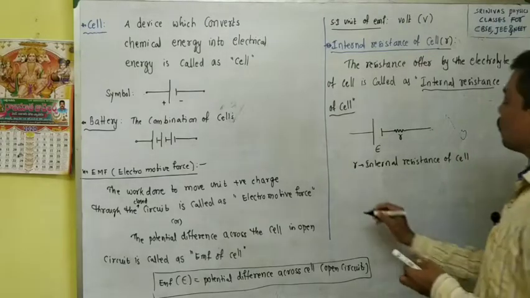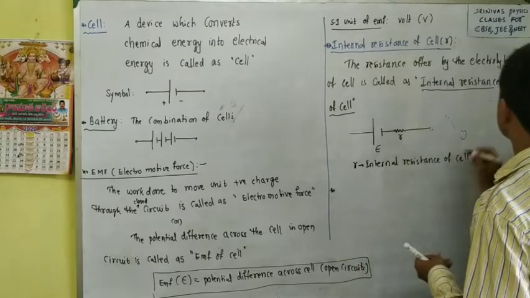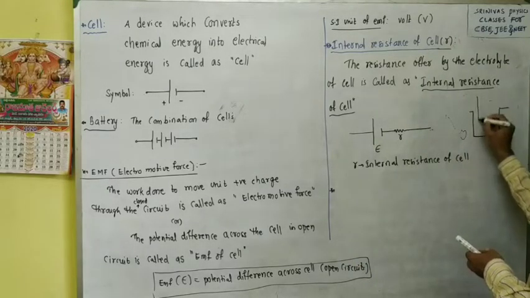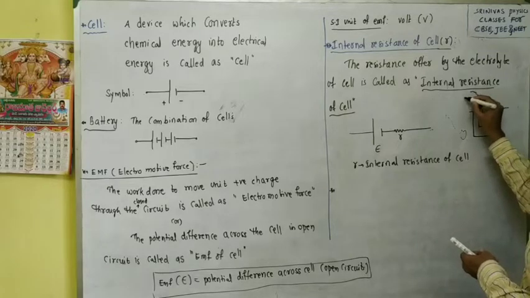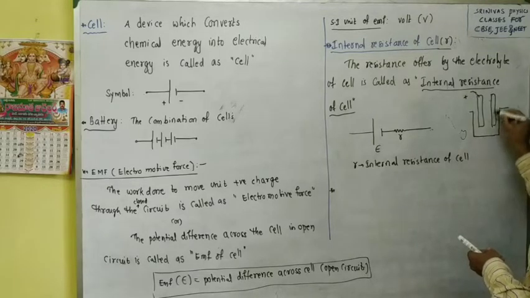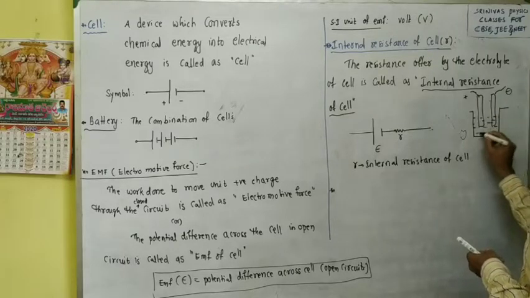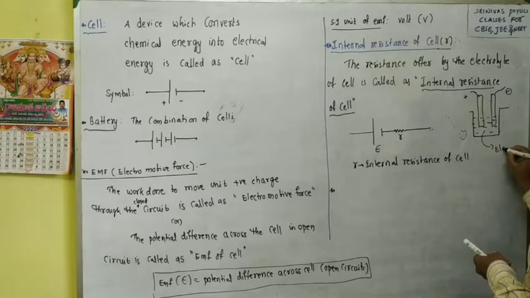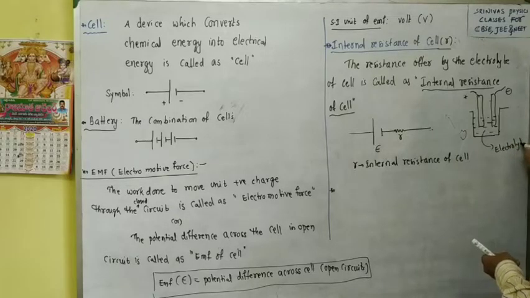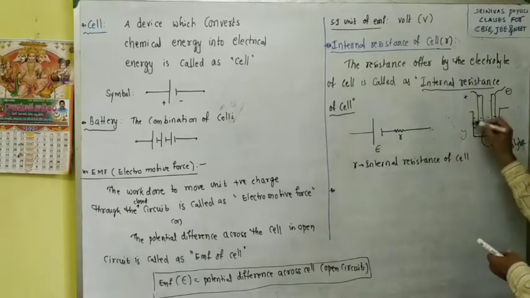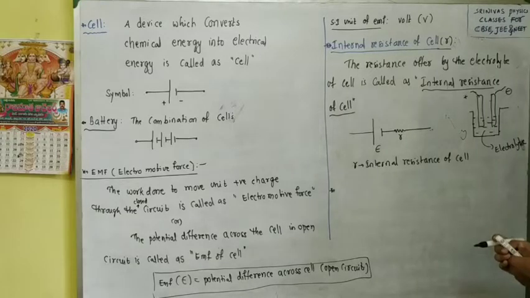On what factors does the internal resistance of the cell depend? For example, this is one cell. This is the positive terminal of the cell, this is the negative terminal, and there is some solution, the electrolyte. The resistance offered by the electrolyte of the cell is called internal resistance.